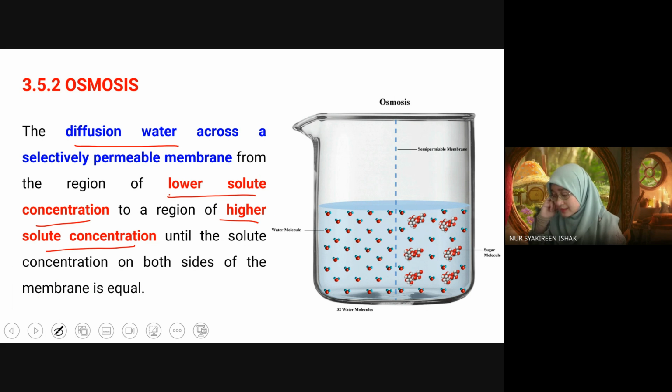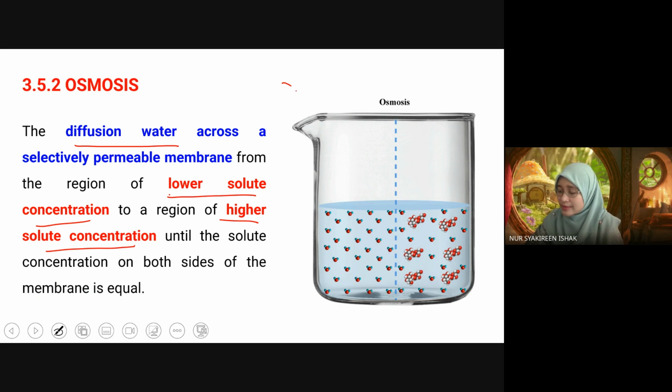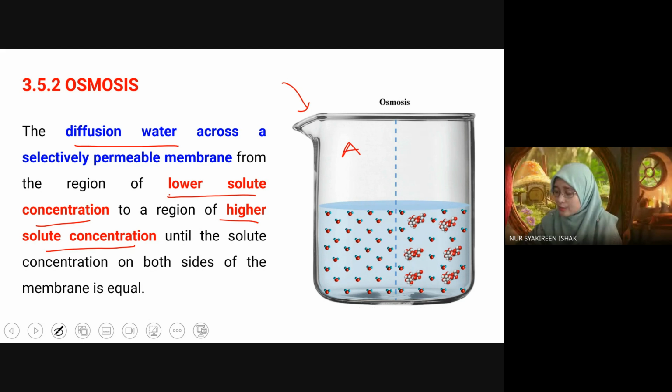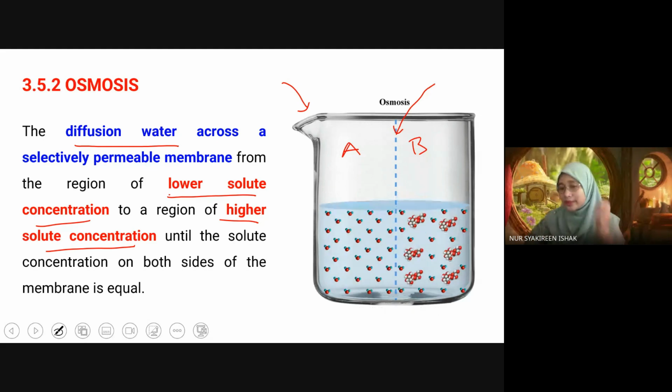If you look at this animation on the side here, there's a beaker that contains two different solutions. Let's call them region A and region B. The two solutions are separated by a semi-permeable membrane, which only allows the movement of water molecules.